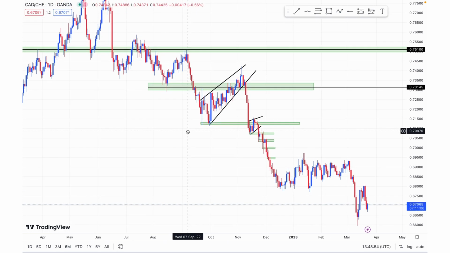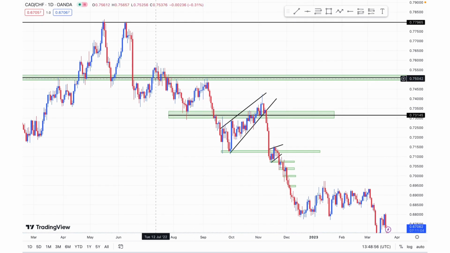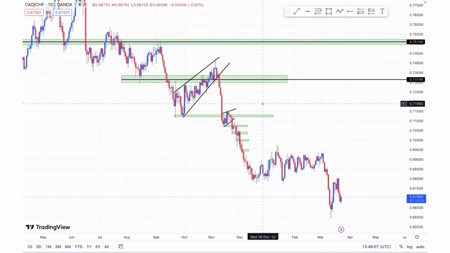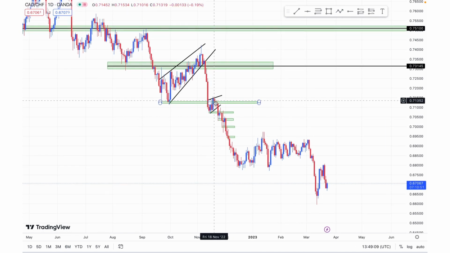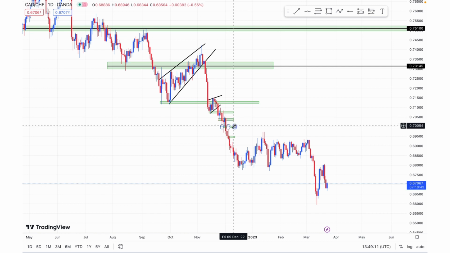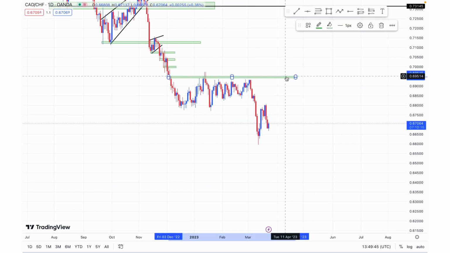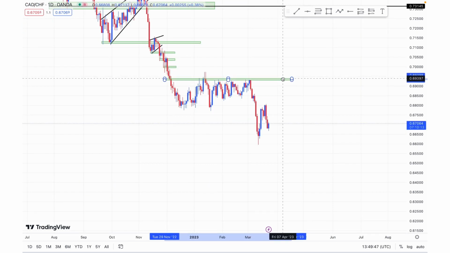Right. So here's the first one, here's the second one, here's the third one, although you might have won or lost depending on your account size. So 1, 2, 3, 4, 5, 6, 7, 8. This is another consolidation phase.